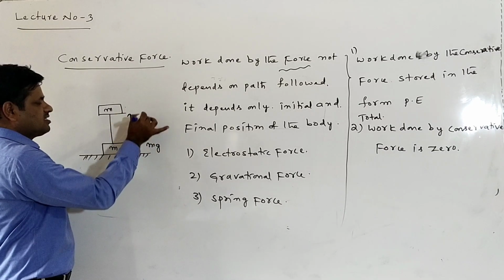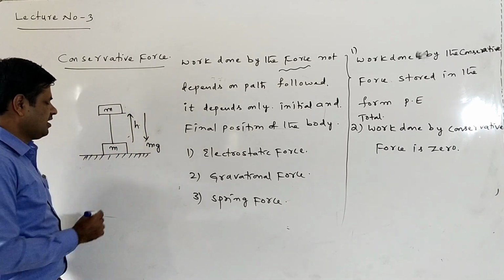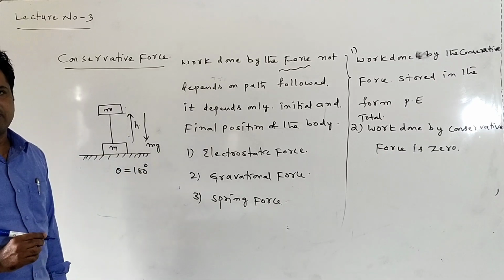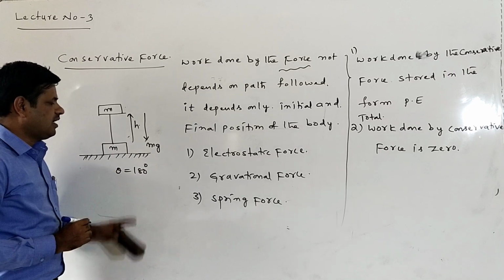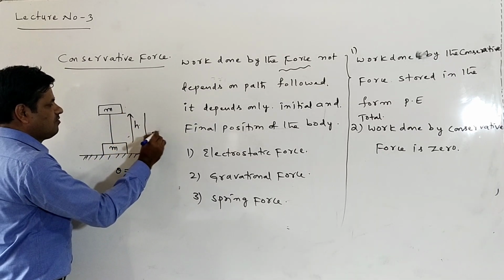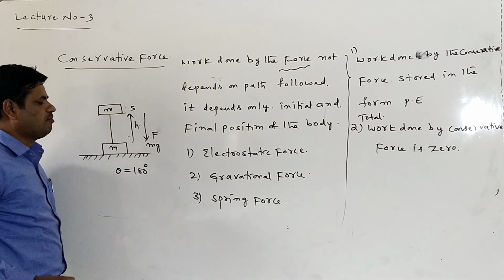Here displacement is in this direction, force is in this direction, meaning both are in opposite directions. The angle between these two, theta, is how many degrees? 180 degrees. Theta is equal to 180 degrees because the force is downward, this is the gravitational force, and this is the displacement, both in opposite directions.